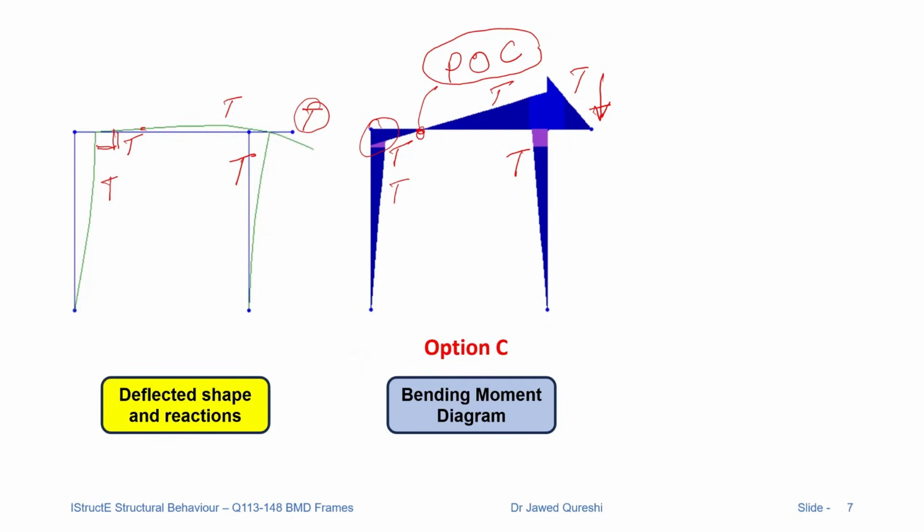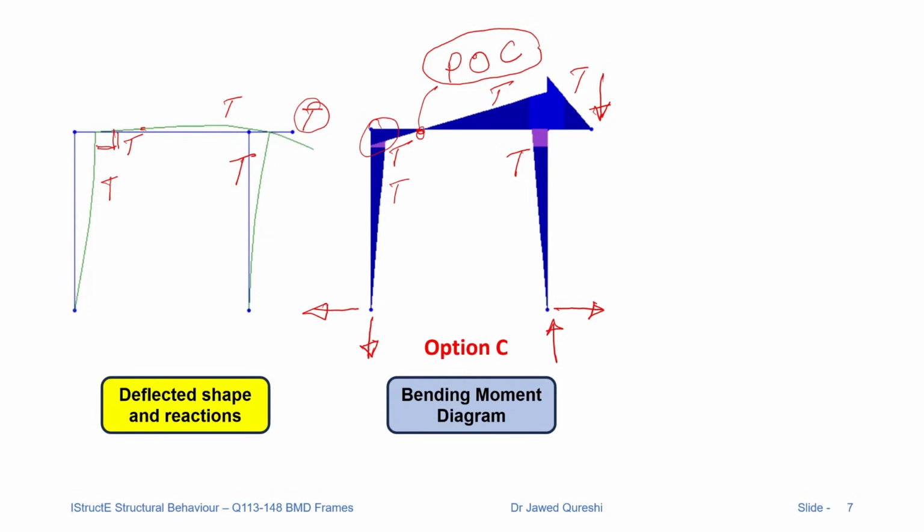On the right side, we should have a rightward reaction. On the left side, we should have a leftward horizontal reaction. In the beam, we should have a vertically downward reaction, and on the other side of the beam, an upward reaction.